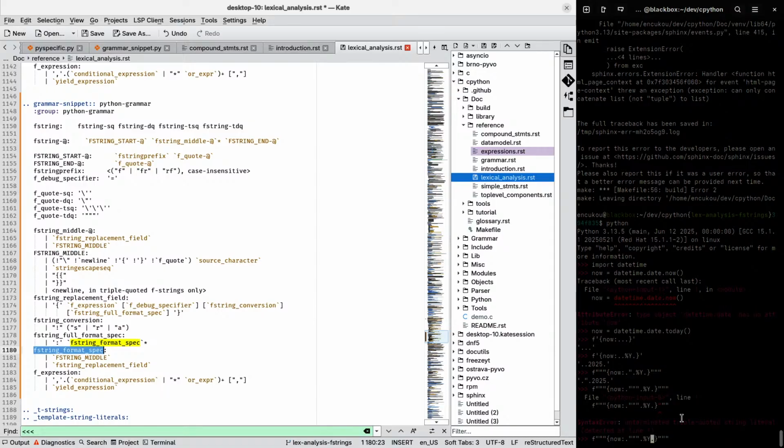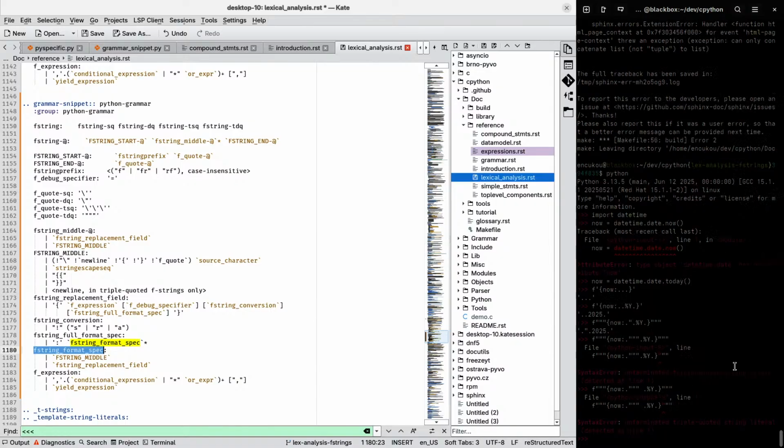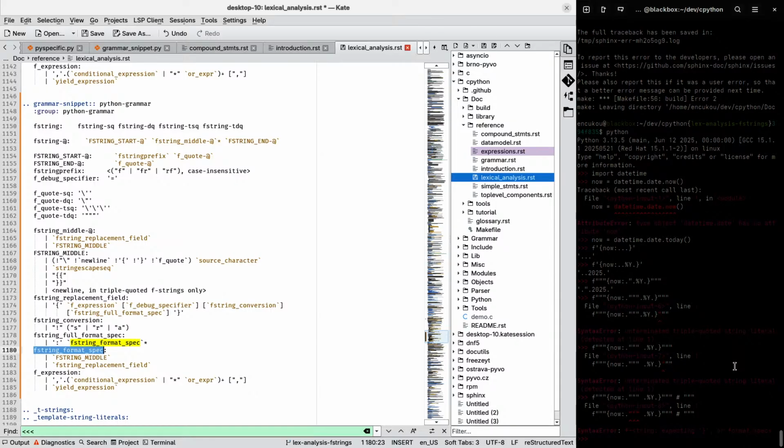So apparently, even though we have these parentheses, this ends the string literal. Yeah, that's kind of like string interpolation, right?